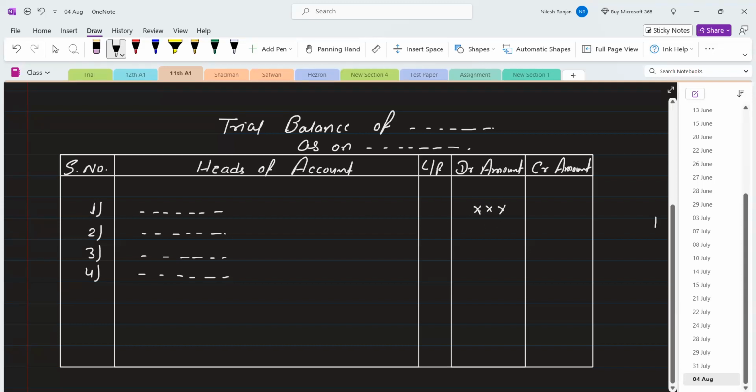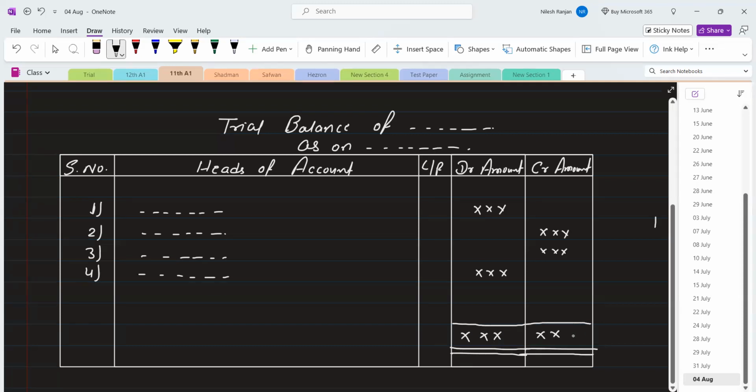Now you have to decide on which side the account will go, debit or credit. Whatever the side is, you'll write all the balance. Then at the end, you will calculate the total.